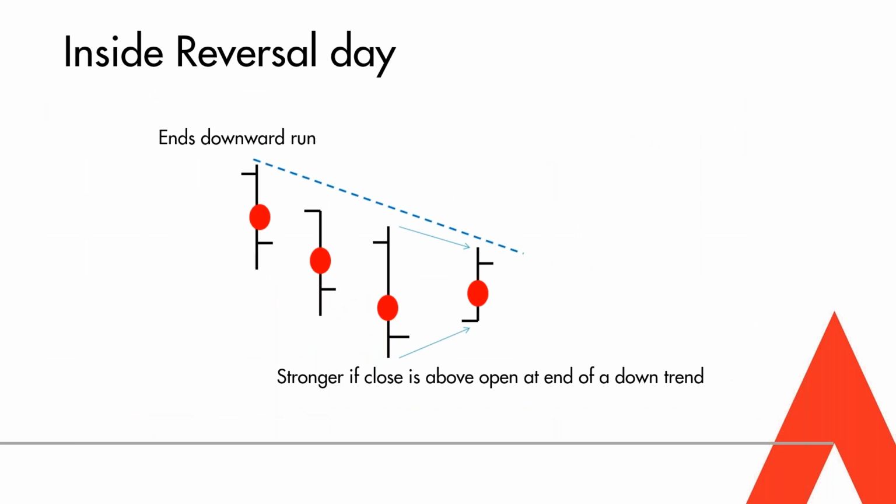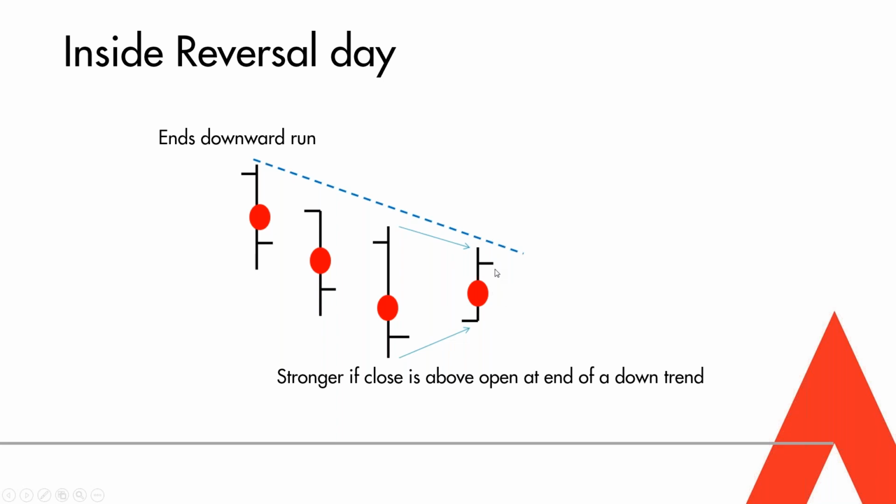Now, a very well-known formation bar is known as an inside day. An inside bar has a lower high than the previous high. It has a higher low than the previous low. So the entire range of this bar is within the range of the previous bar, so it's known as an inside bar.